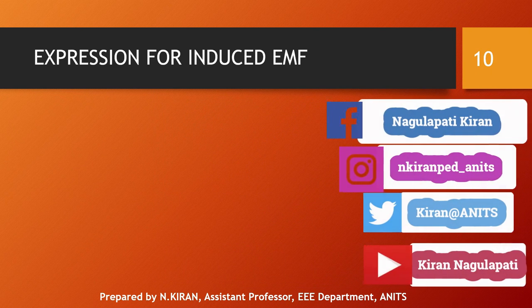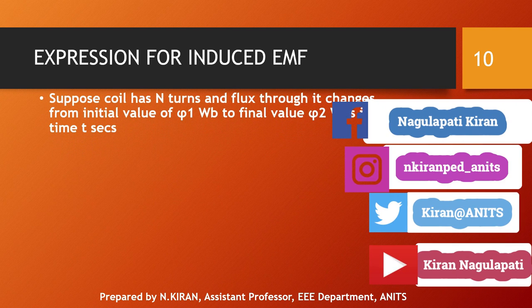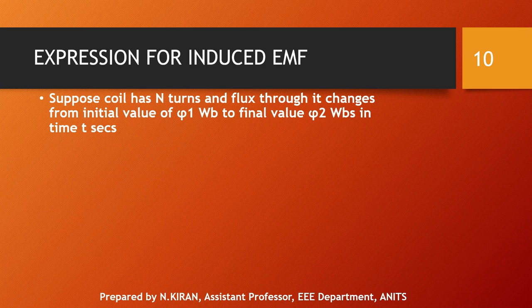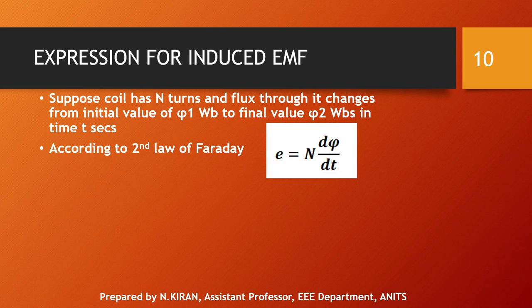Expression for induced EMF. Let us consider a coil with N turns, an initial flux of phi1 Weber, and a final flux of phi2 Weber, and let this change occur in t seconds. According to the second law of Faraday, E is equal to N into d phi by dt.